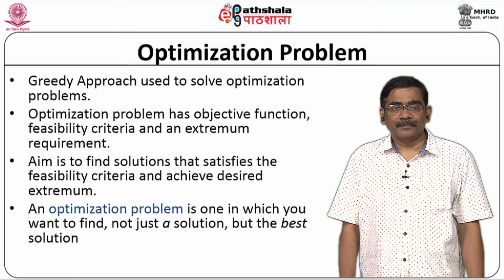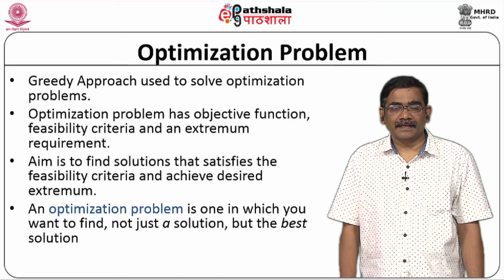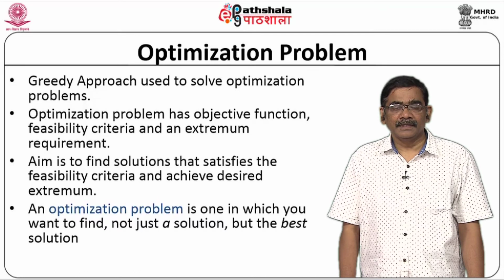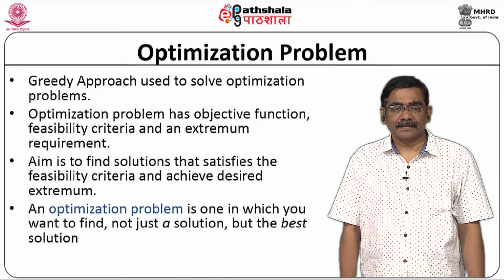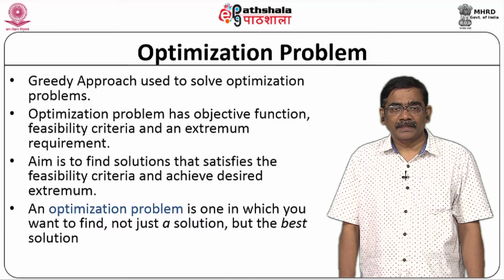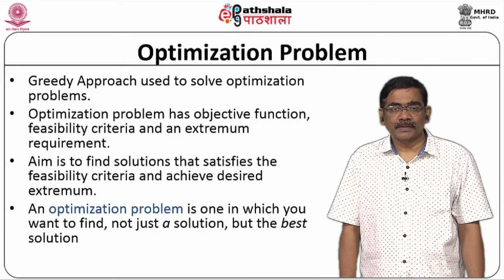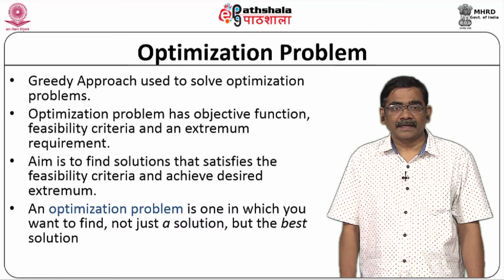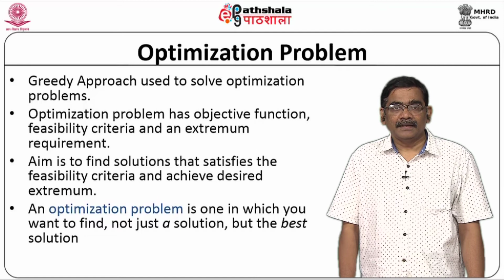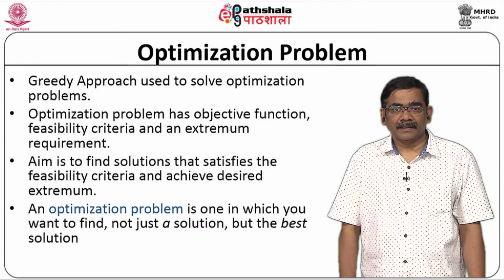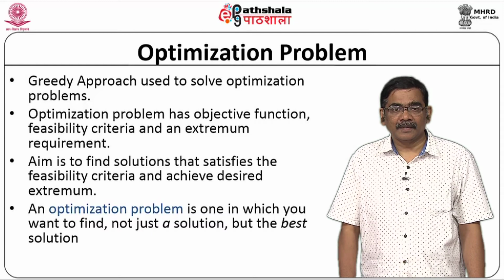Then we will have feasibility constraints. These constraints are stated as a function, and any solution is supposed to satisfy these feasibility criteria and an extremum requirement, like the maximization or minimization of the given objective function.